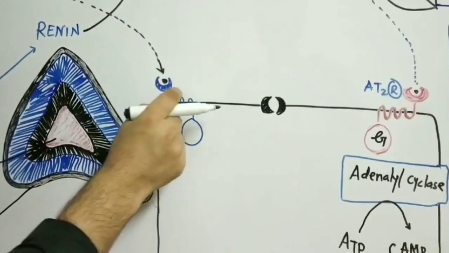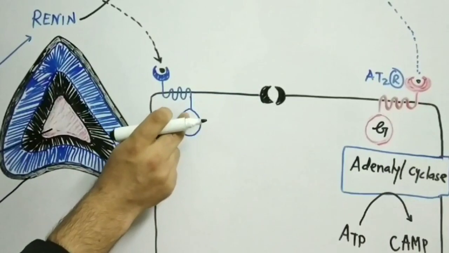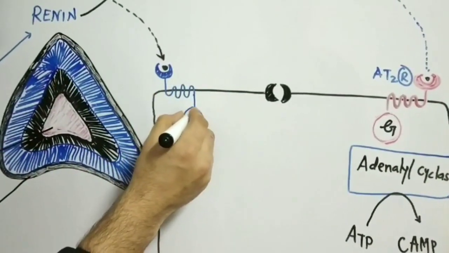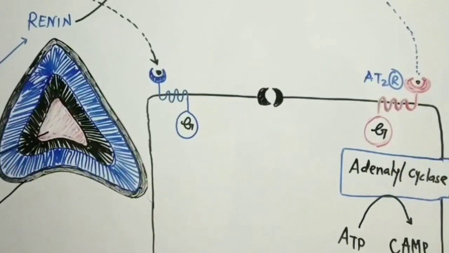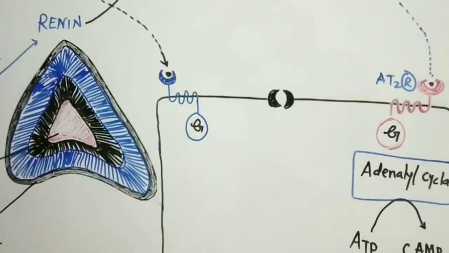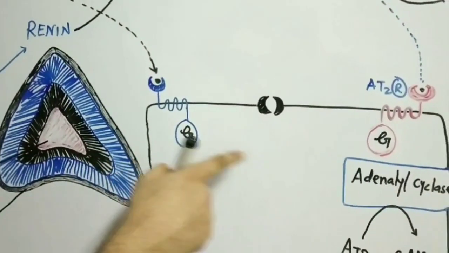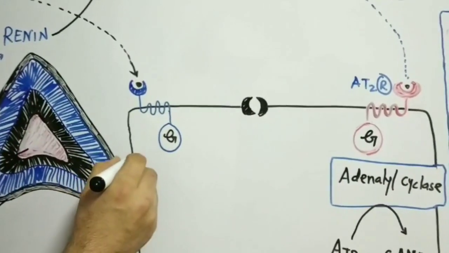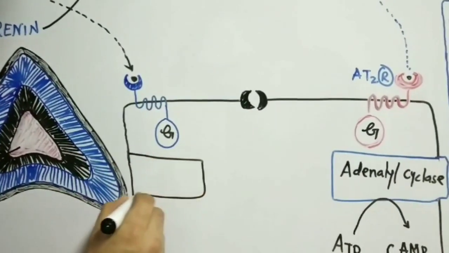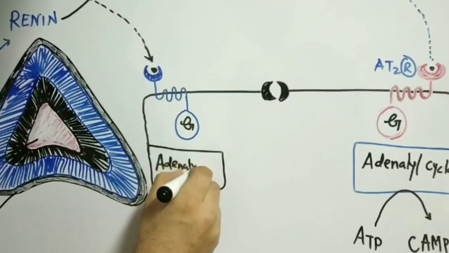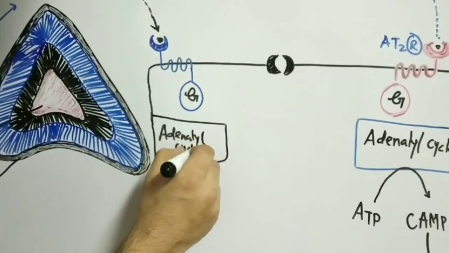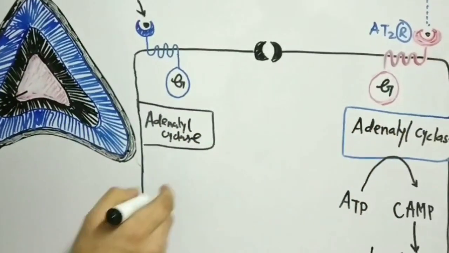Now this receptor gets activated. It is also G-coupled. Again, G protein will be stimulated. What will the G protein do? It will again activate a membrane protein which is known as adenylyl cyclase. Same pathway.